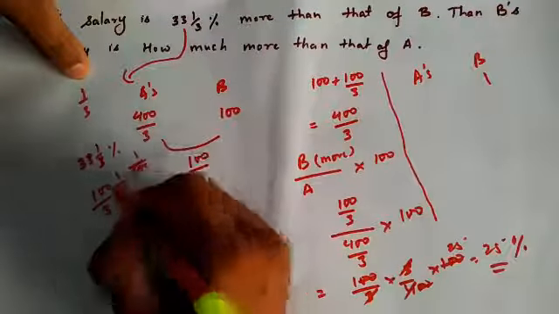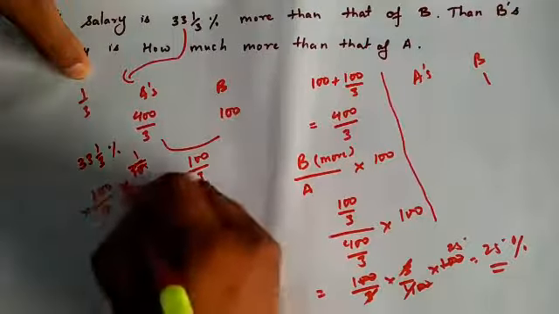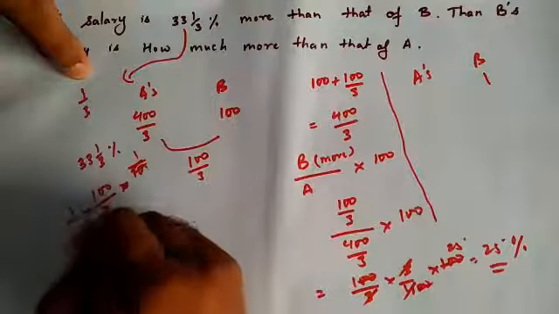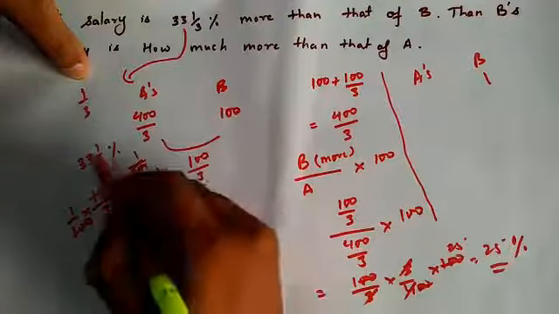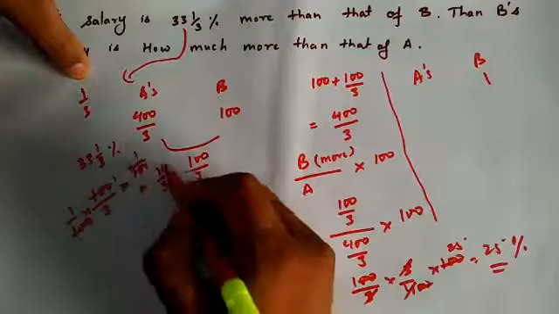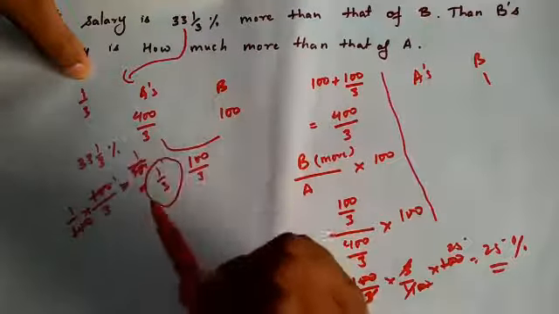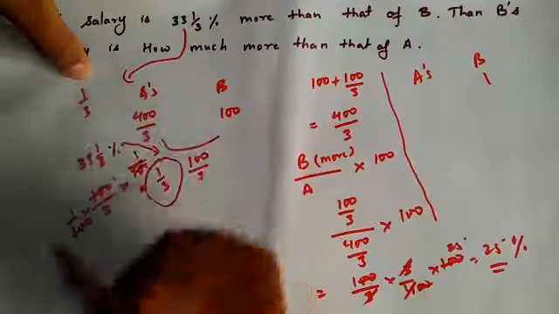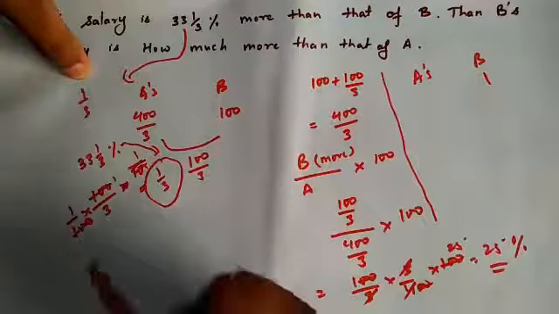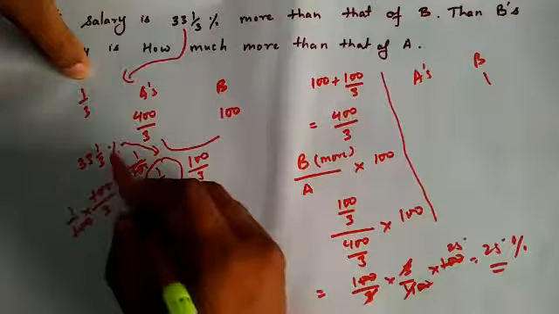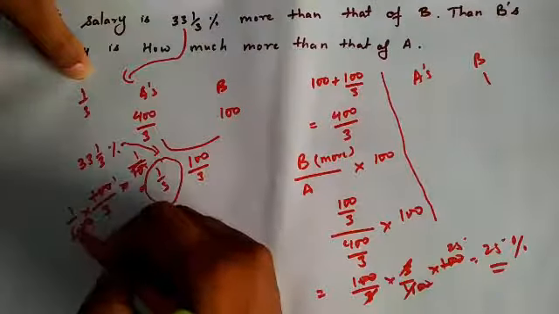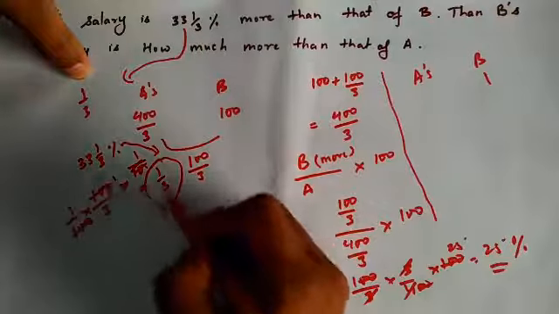So 100 and 100 get cancelled, and actually 33 1/3 percentage means 1/3 in regard to fraction. This means percentage, this means fraction. I hope you understand. 33 1/3 is 100 by 3, I'm converting the percentage by 1 by 100, 100 gets cancelled, and at last what comes? 1 by 3.